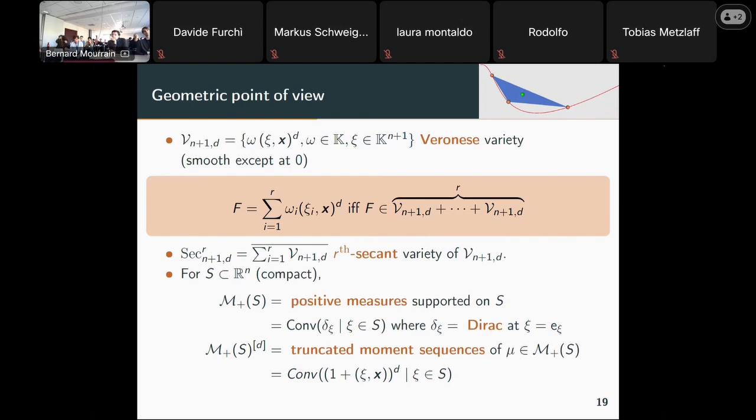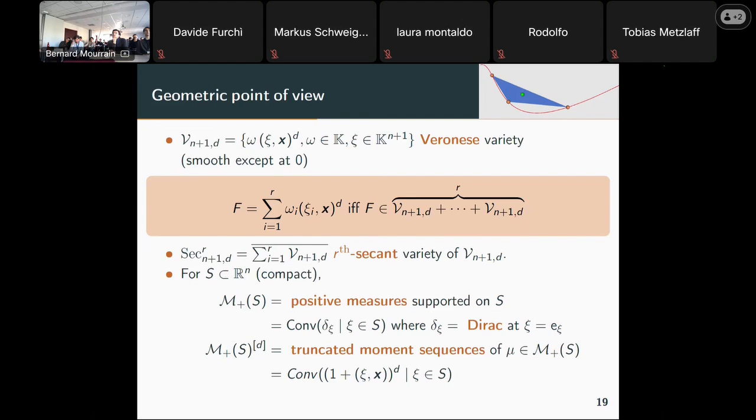We look at the affine variety, but it's a projective variety. Projectively, it's smooth, and finally, it's a cone which is smooth, except at the origin.